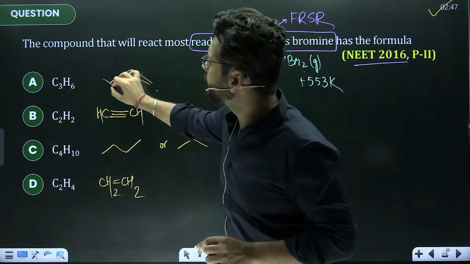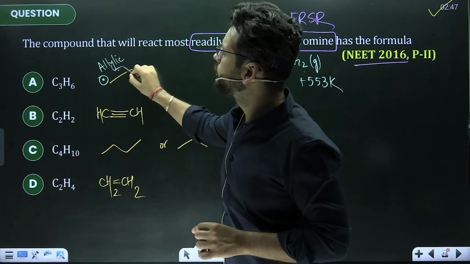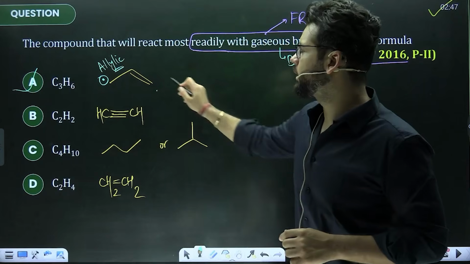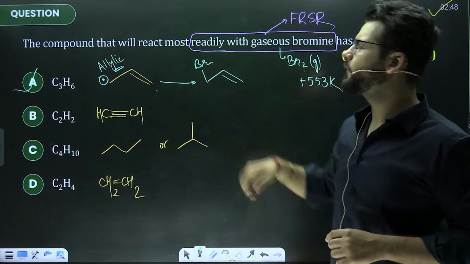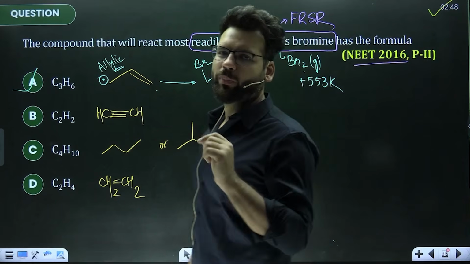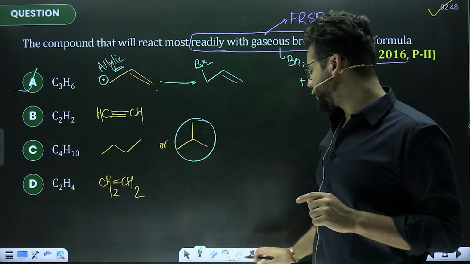Here the free radical formed will be very stable. Allylic free radical I can see. So this will be the highly reactive one, because an allylic radical is possible here. So when I react it, I get a very stable radical, which gives us the final product, 3-bromopropene. Okay. Then second best would be this one, because tertiary is present here.